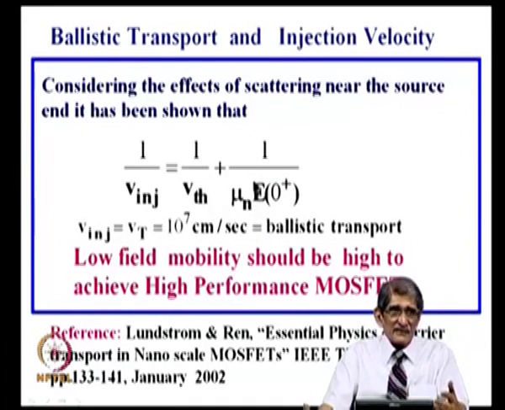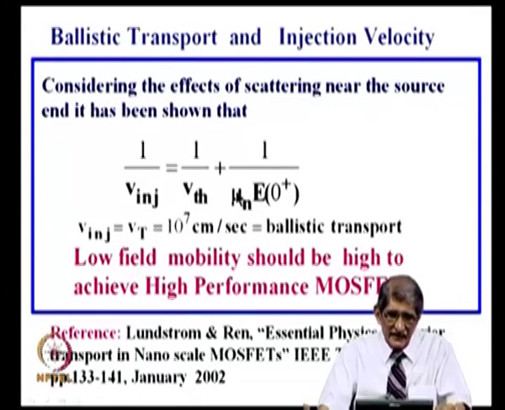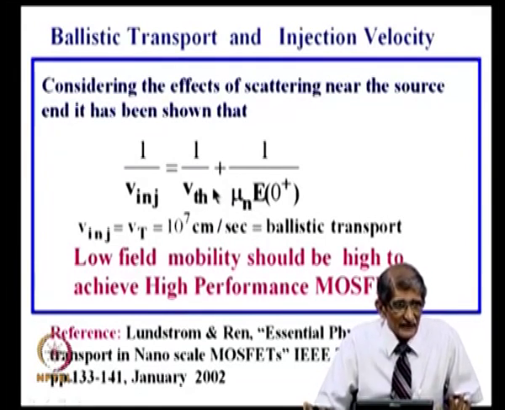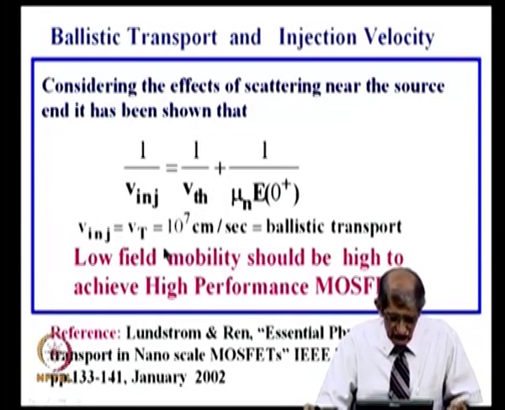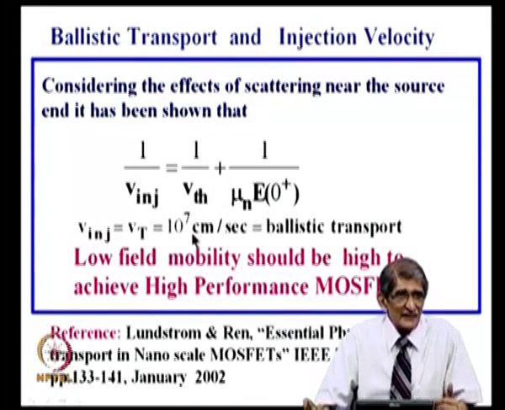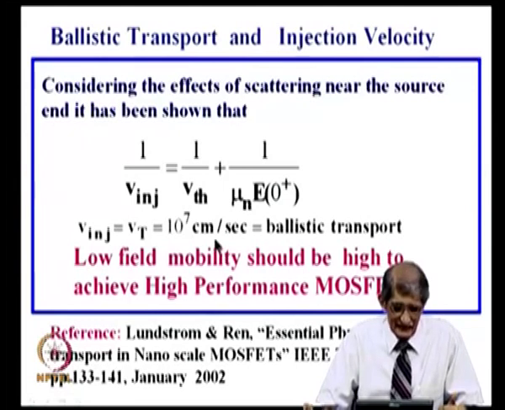If it is high, of course, you will get saturation velocity, but it is not high. So, whatever electric field at 0 plus, just at the source end, that is the velocity that you would get. So, a combined effect of that, skipping all the derivation, I would suggest that you go through this paper for that, because that itself would have taken me about half an hour to discuss.